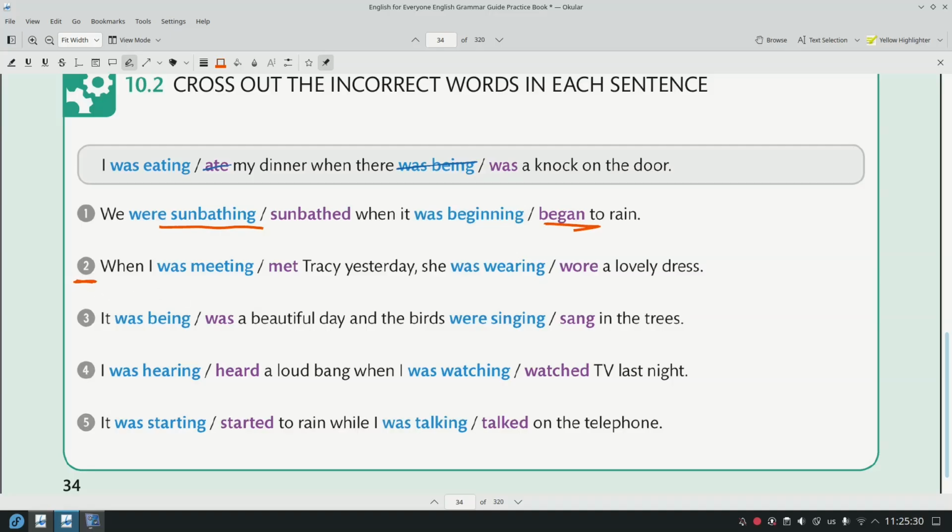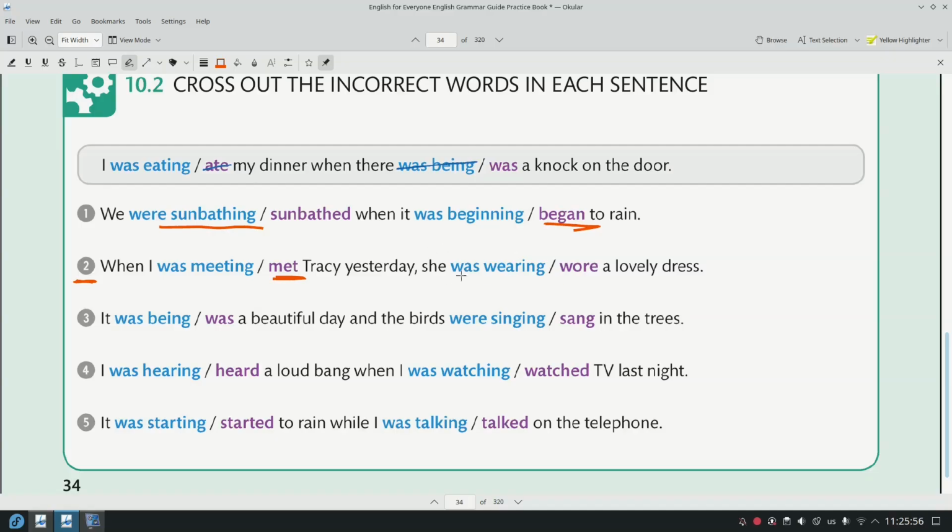Number 2. When I met Tracy yesterday, she wore a lovely dress. You need to show an action which happened really fast. When I met Tracy yesterday, she was wearing a lovely dress.